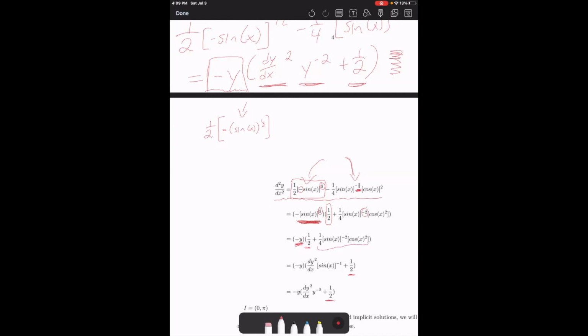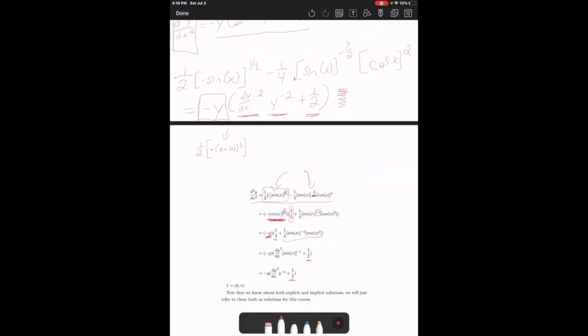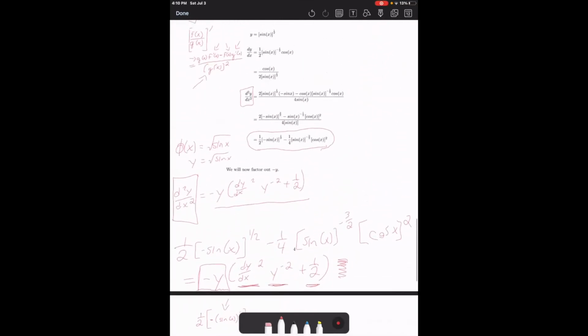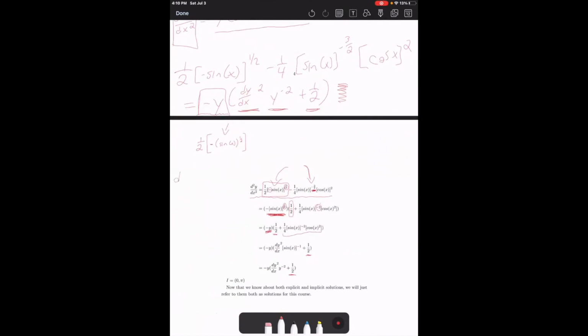Well, let's go back and see what our expression for dy dx is. We have dy dx is equal to cos x divided by 2 sine x to the 1/2. We'll write that down here so we don't have to do much scrolling.